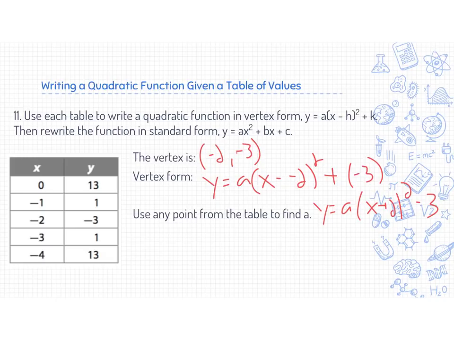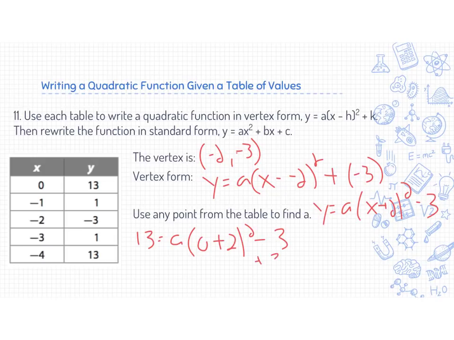Again, pick a value. This time I'm going to pick 0 and 13. So we get 13 equals a times 0 plus 2 squared minus 3.